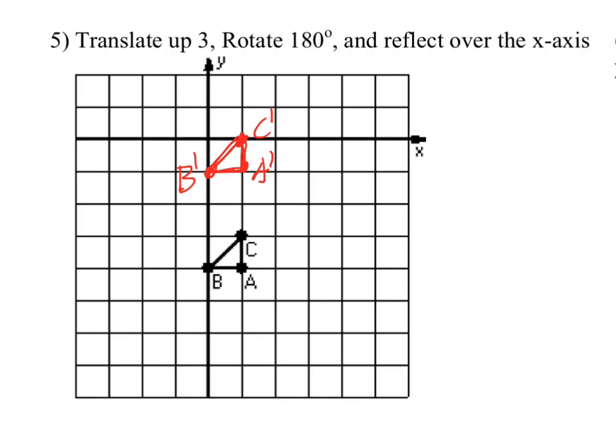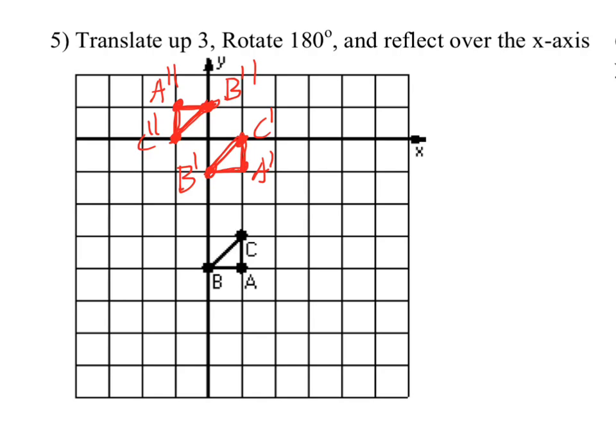Or you can think of it as changing the signs on all your coordinates. Like B is at 0, negative 1, so now it's going to be 0, positive 1. A is at 1, negative 1, so the new A is going to be at negative 1, positive 1. So that gives me a new triangle there.